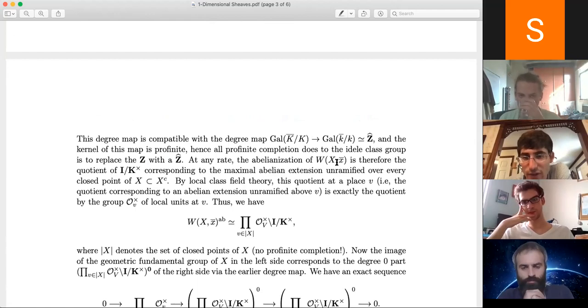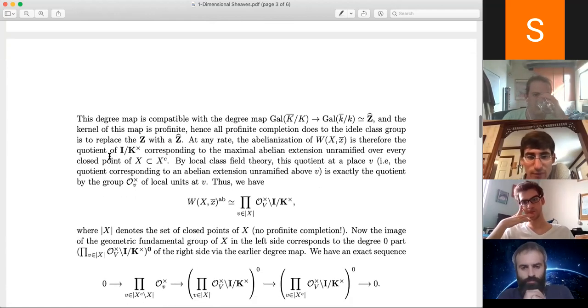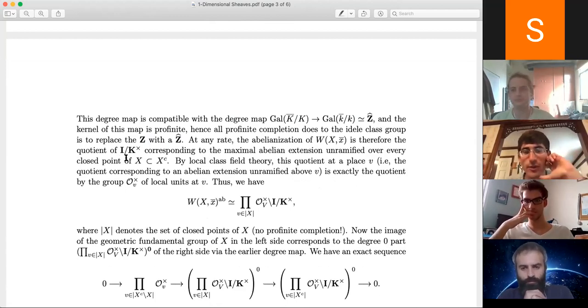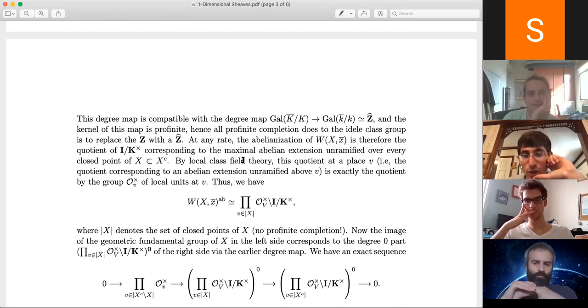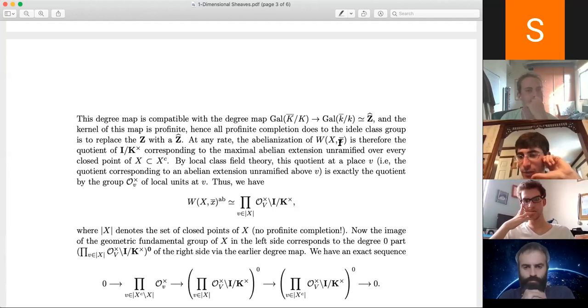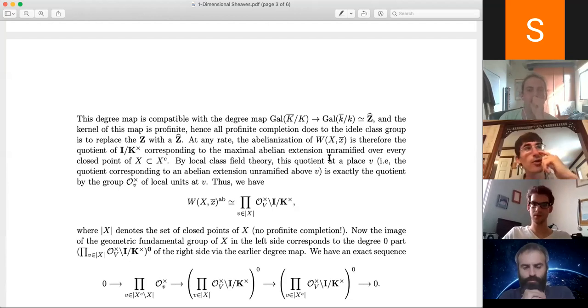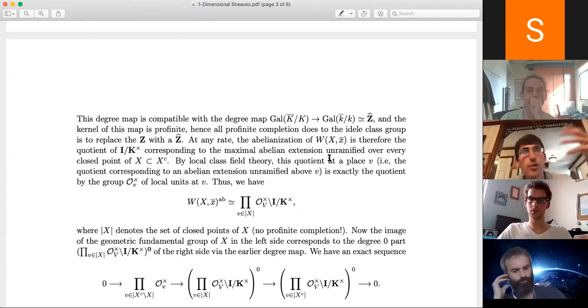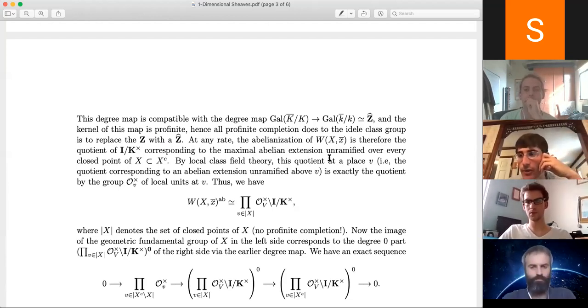If you take the Weil group, the unprofinite-completed thing where instead of Z hat you have Z, you take the quotient corresponding to the maximal abelian extension unramified over every closed point of X. If you think of, say, the fundamental group, you're taking the quotient of the Galois group corresponding to the maximal everywhere unramified extension.